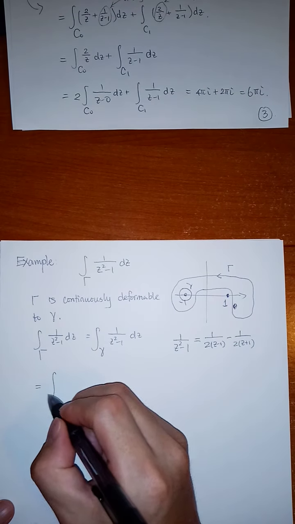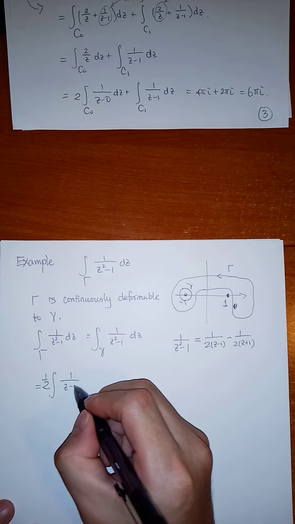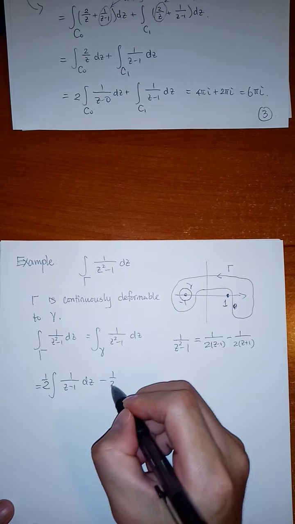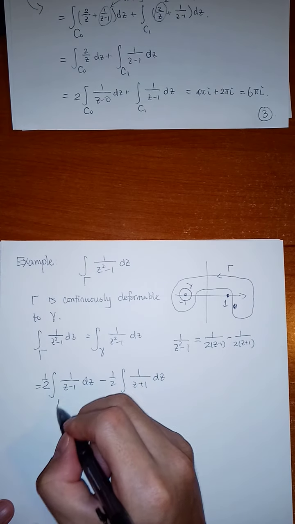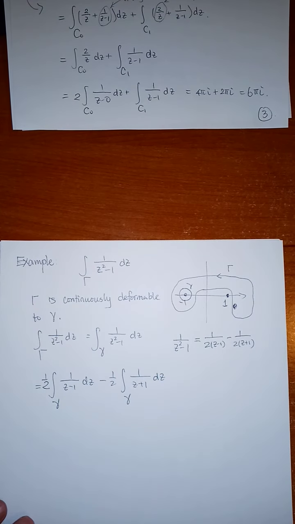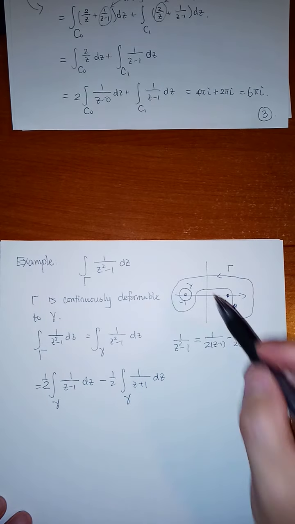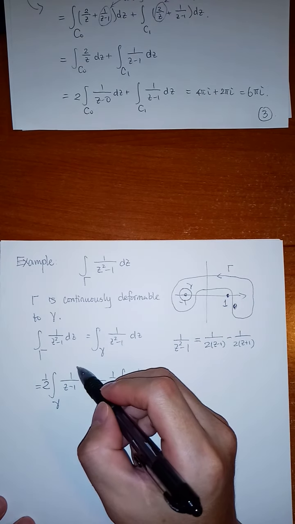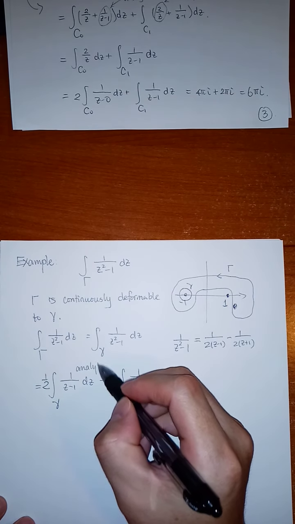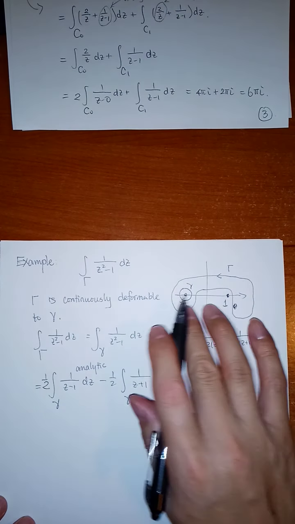And this integral becomes 1/2 integral 1 over z minus 1 dz minus 1/2 integral 1 over z plus 1 dz over gamma. The first function is analytic inside gamma. It's not analytic only at 1, but 1 is far from this point.